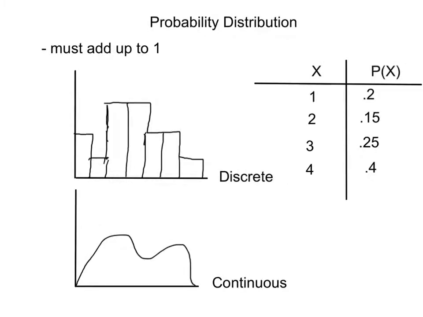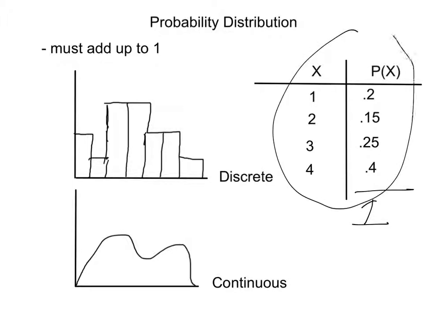Also covered in this chapter is a probability distribution. One of the most important things to realize is that it must add up to 1. All of the different outcomes of an event, their probabilities must all add up to 1. This is just an example I made up.